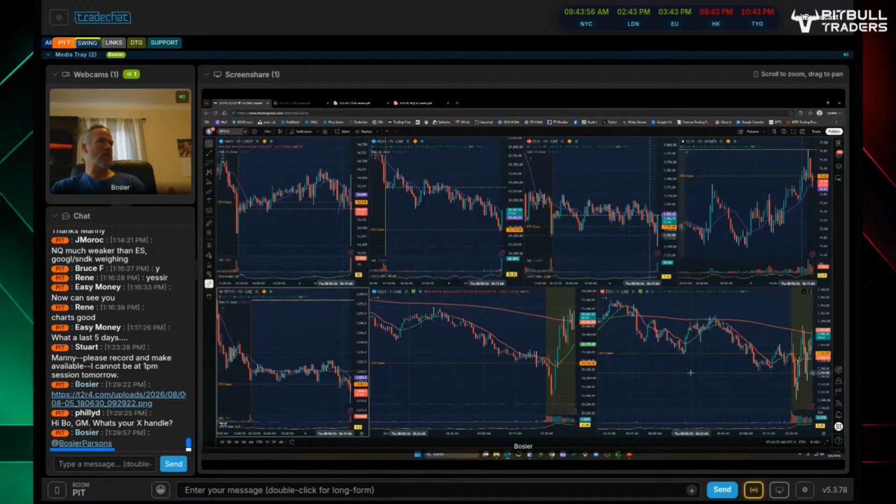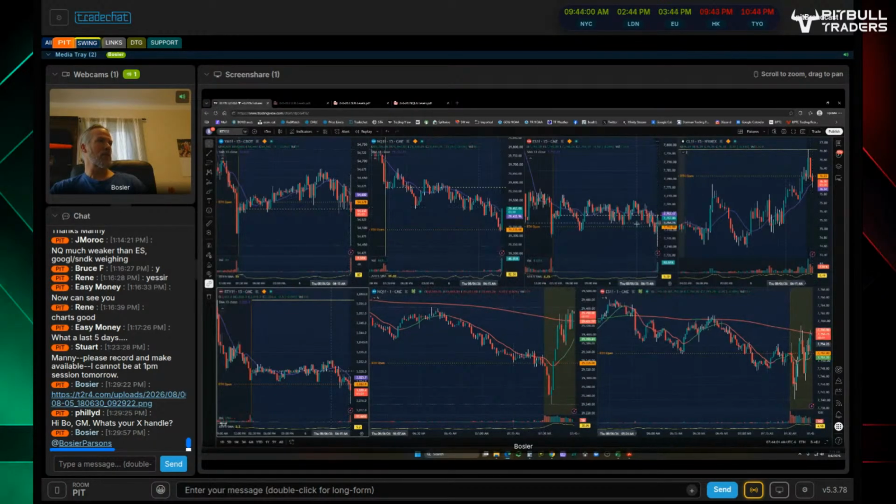Yeah, this is nice, if this bar can close green like this on the NQ and ES, that's a nice rejection off of a fake breakdown, false breakdown.